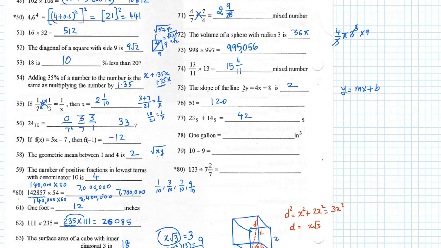So basically what I've done over here, let me just show the work. So let's continue with question 77. So 23 base 5: 5 times 2 is 10, 10 plus 3 is 13 in base 10. And then 14 base 5 is 9 in base 10.